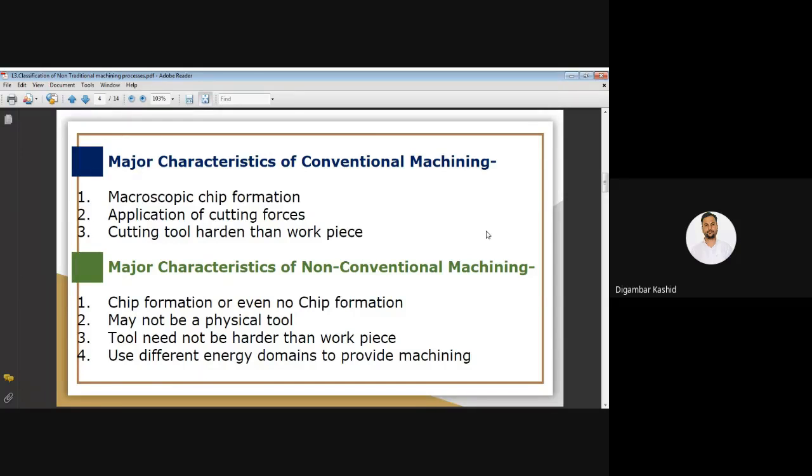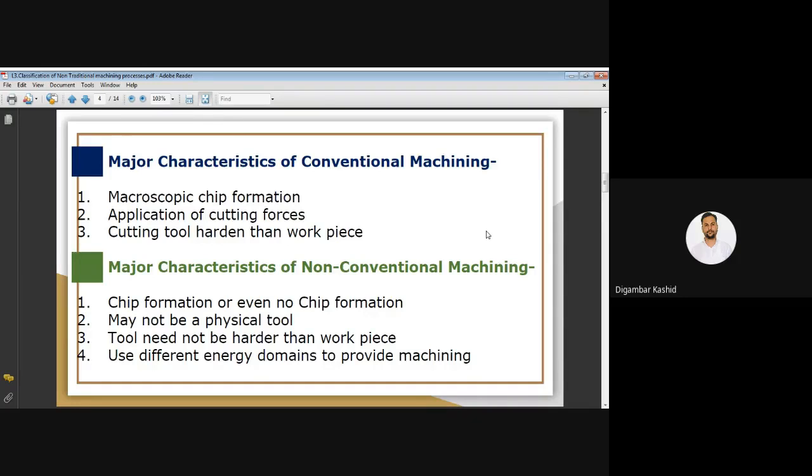As well, in conventional machining there is always physical contact between your tool, maybe the tip of the tool, and your workpiece, from where you want to remove the material. So these are the major characteristics of conventional machining.